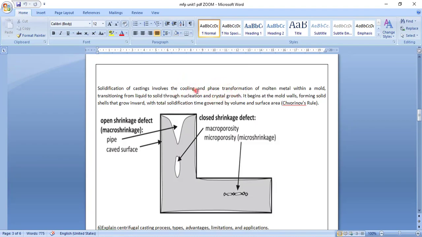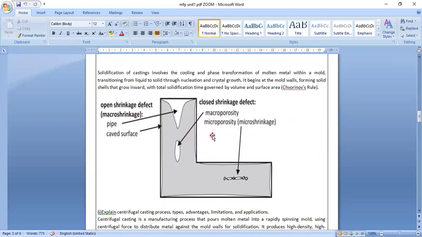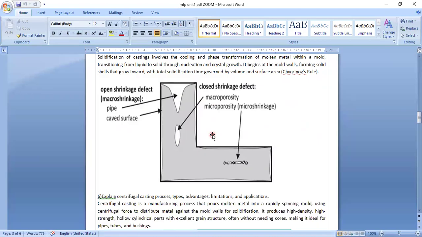Crystal growth begins at the mold walls only, forming solid shells that grow inwards, with total solidification time governed by volume and surface area. This is also explained by Chvorinov's rule, one of the scientists' explanations of solidification.